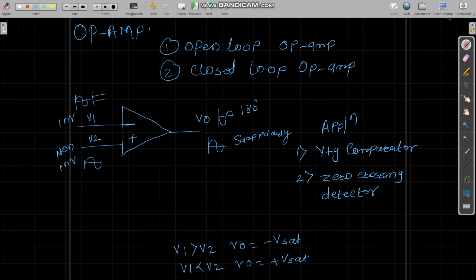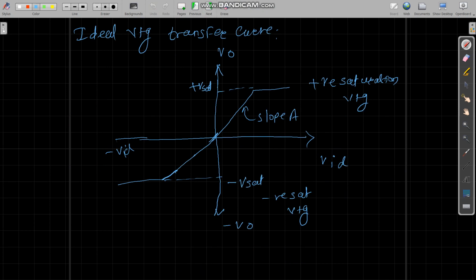We can see the ideal transfer characteristics curve for any op-amp in open loop configuration is as follows. You can see here, this is the differential input voltage versus output voltage.